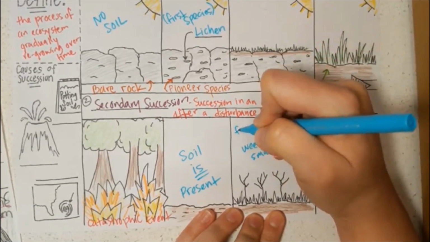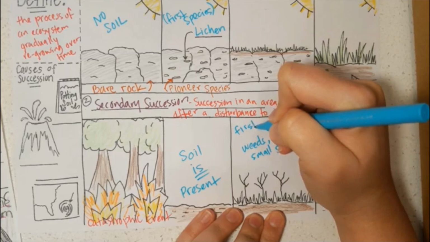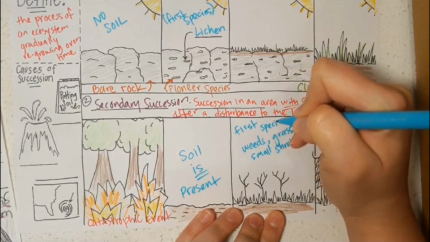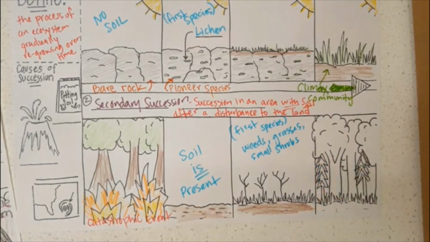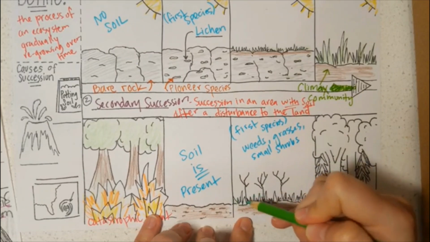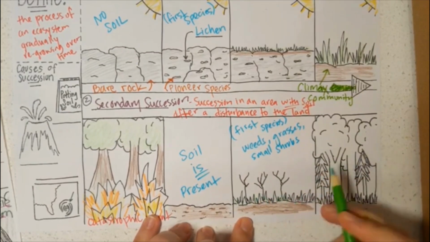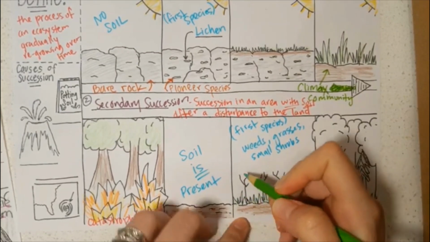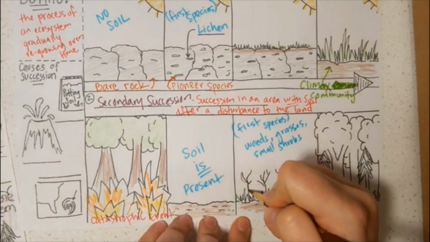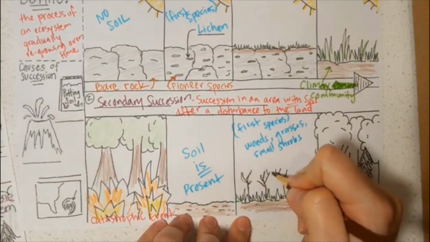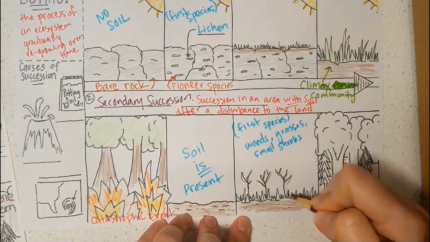These are all our first species, and we're able to regrow weeds, grasses, and small shrubs first because there's already soil present, and that soil is fertilized, as I've said. There's nutrients in that soil to start to regrow the grasses and small shrubs. It doesn't have to be broken down from rock because it's already soil.